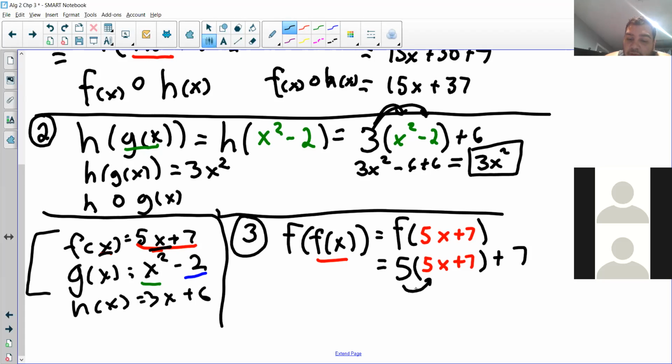Let's distribute once again. 5 times 5x is 25x. 5 times 7 is 35, plus 7. Combine like terms. 25x plus 42.